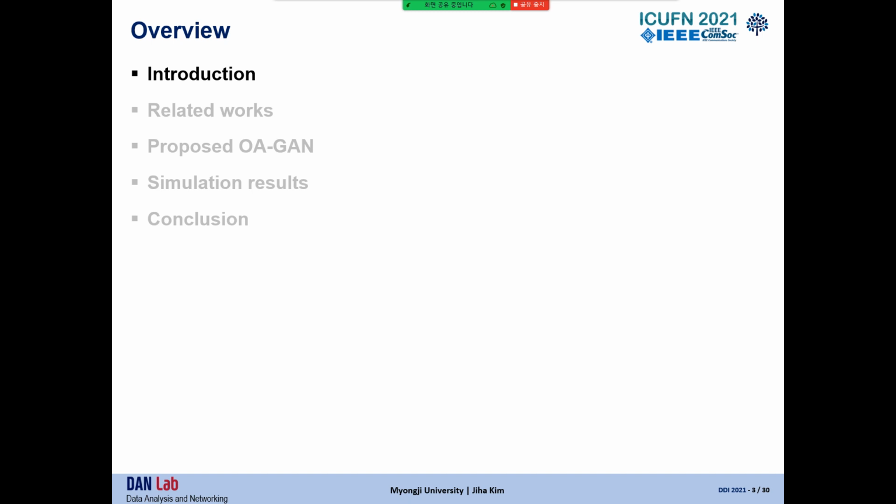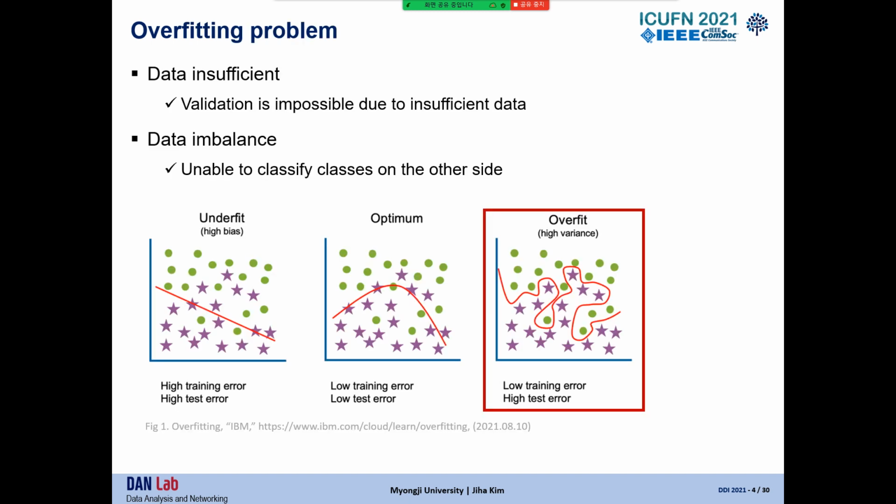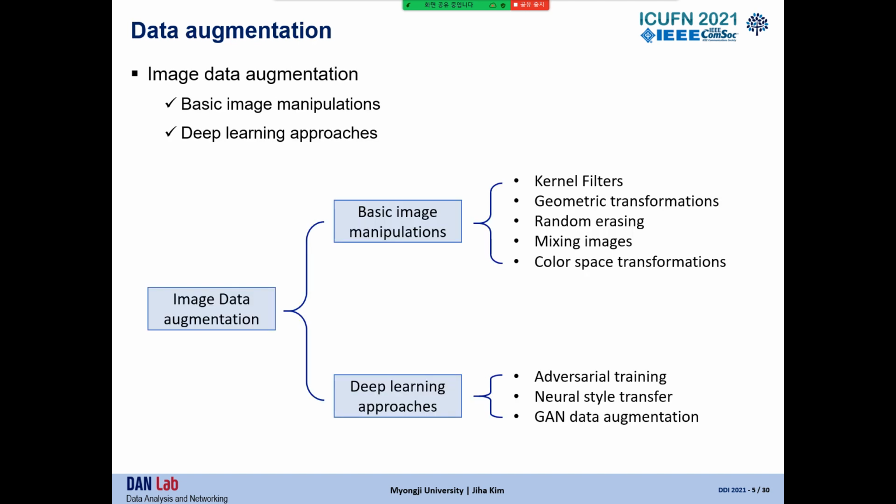Let's begin with the introduction. We already know why overfitting occurs in machine learning, and we use data oversampling to solve it. So we have to do data oversampling, and the method is data augmentation. We will look at a deep learning approach, GAN data augmentation, in this presentation. I have considered whether GAN has no overfitting.